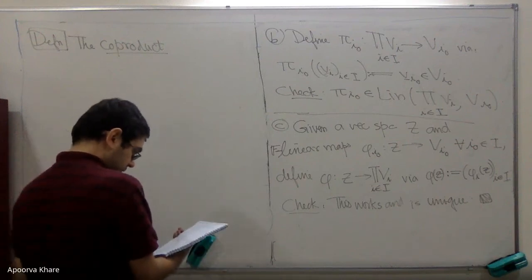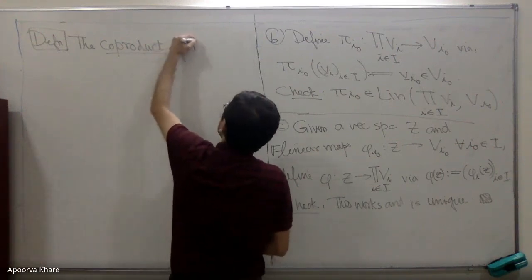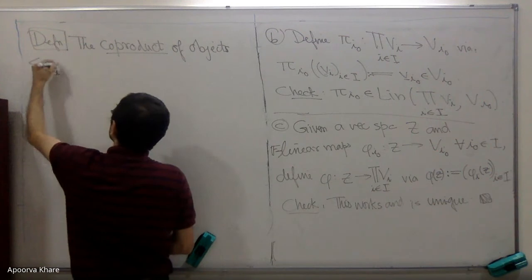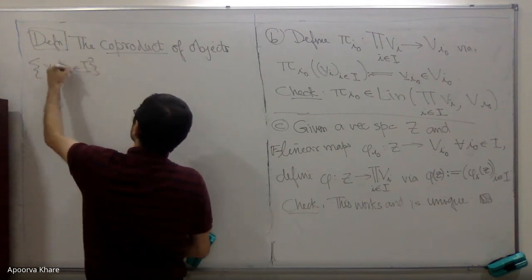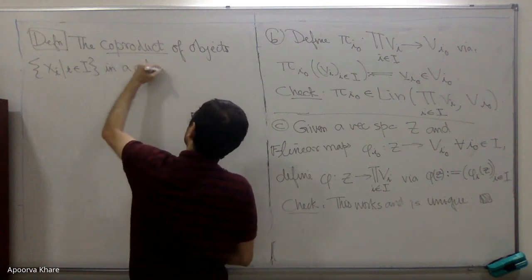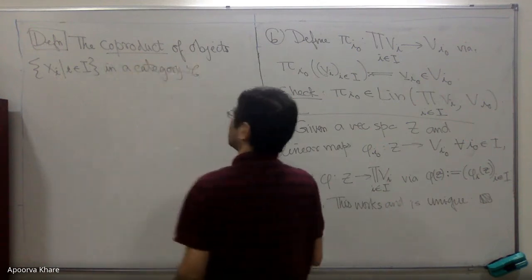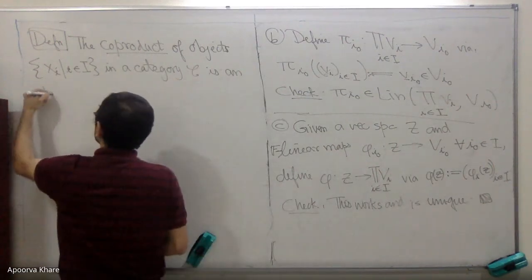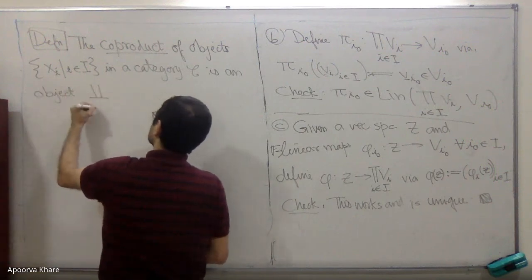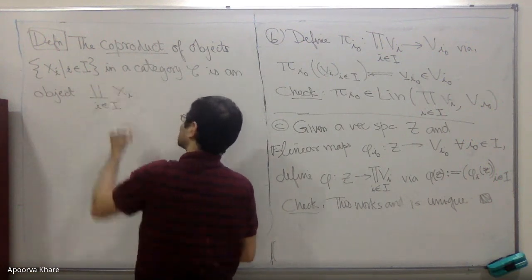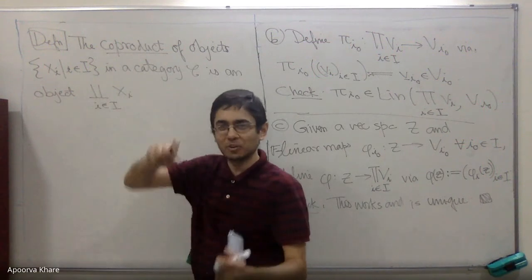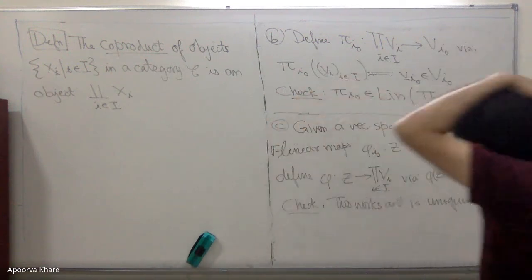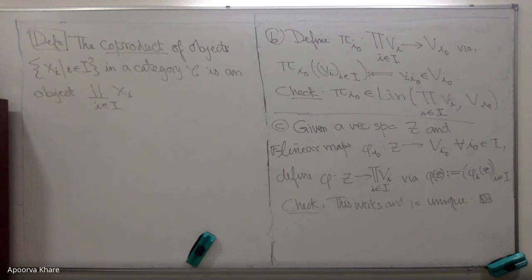The coproduct of objects x_i, i in I, in a category C is again an object. This time, as I said, because all arrows are reversed, we also write the coproduct in an upside down manner. That's what it is, and not much can be done about that.